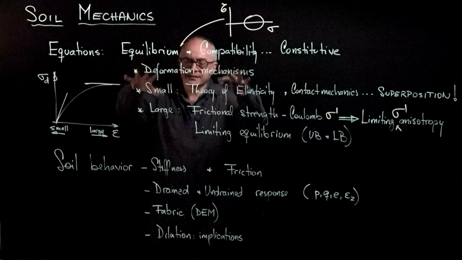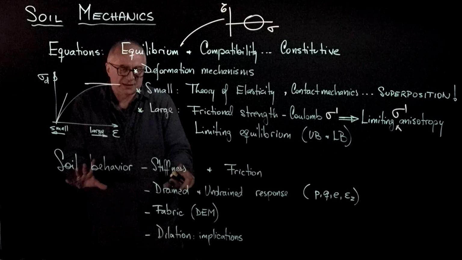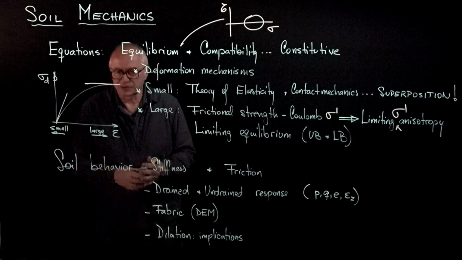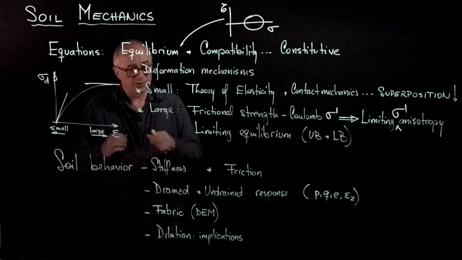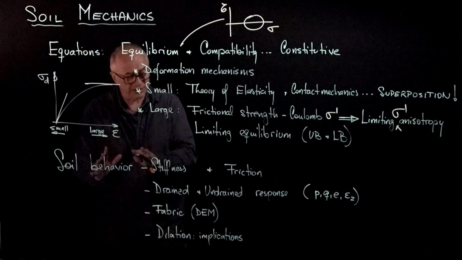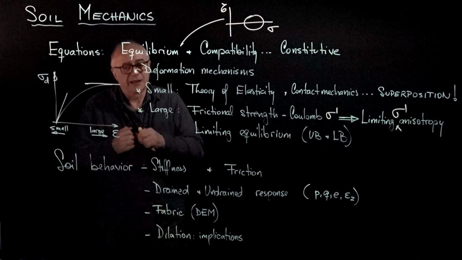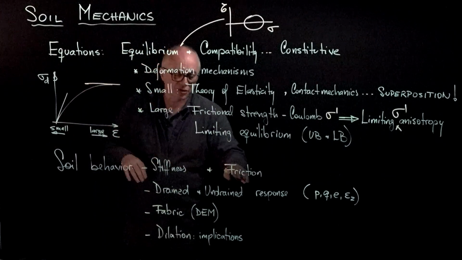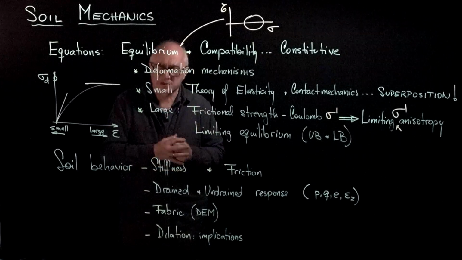Now, while all this is basically mechanics, we have to insert into all these mathematics, or all these solutions, the behavior of soils. From the point of view of stiffness, at small strains, it is controlled by contact mechanics. And from the point of view of strength, at larger strains, it is controlled by interparticle friction and rotation and dilations.